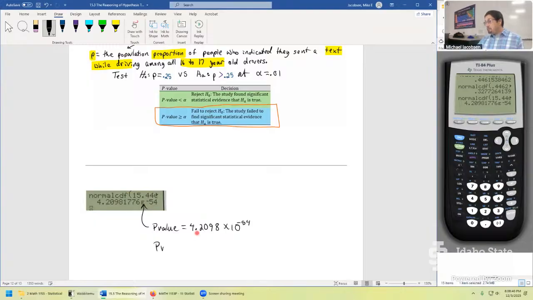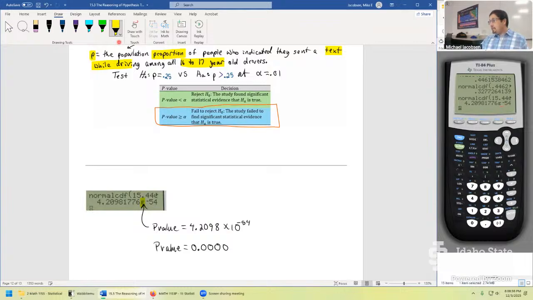That means your p-value is 0.0000 rounded to 4 decimal places, which is a typical ask for these problems. So if it's something outrageous like this, if it's giving you scientific notation at all, that's what the E is really saying.